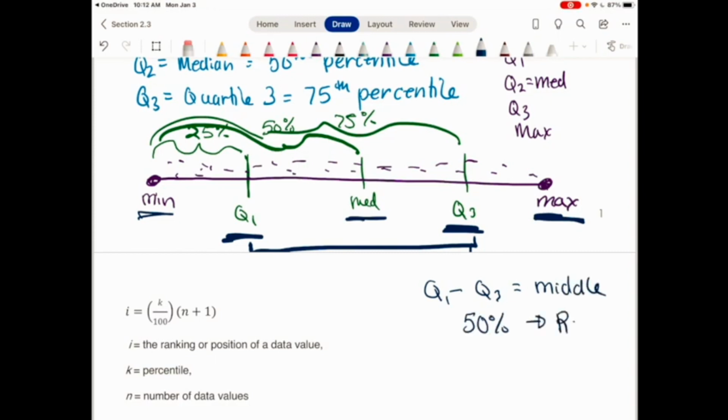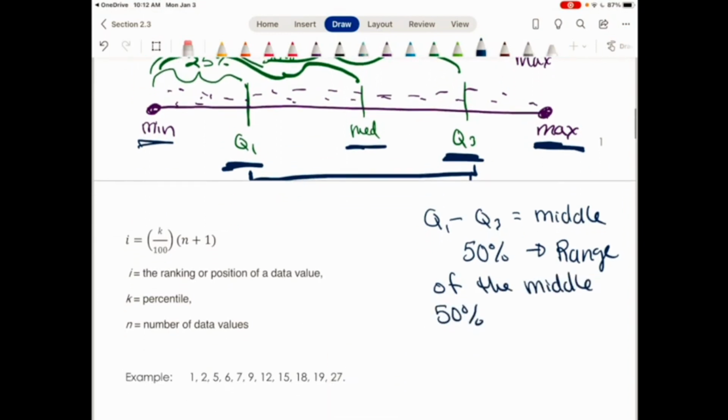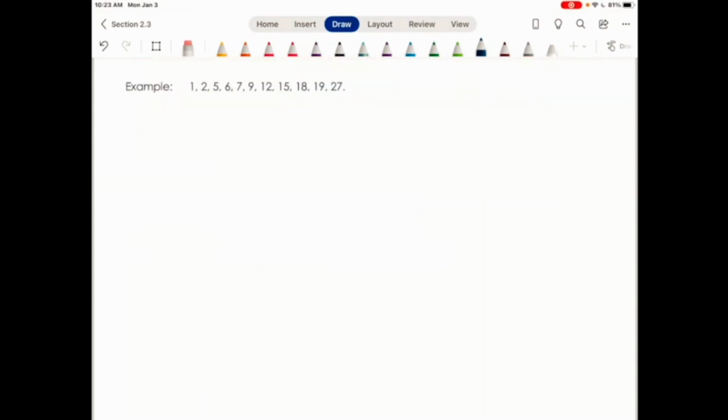And when you find the range of that, that's what's known as the interquartile range. So I for inter, Q for quartile, and R for range. And so that's just the difference between your Q3 and your Q1.